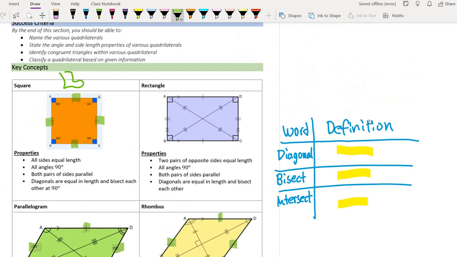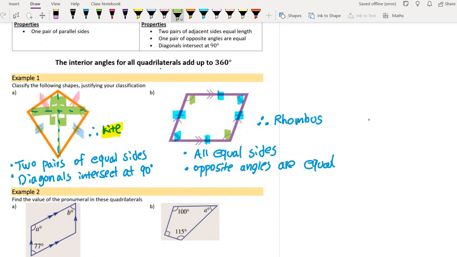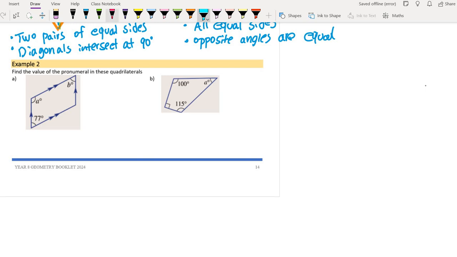Alright, example number 2 is using the idea that the angles in a quadrilateral add up to 360. We know this is a quadrilateral because it has 4 sides, and this also has 1, 2, 3, 4 sides. So we know that all the angles in there have to add up to 360 degrees. Looking at the second one first, because I think this is easier, we know this little square angle means 90 degrees.